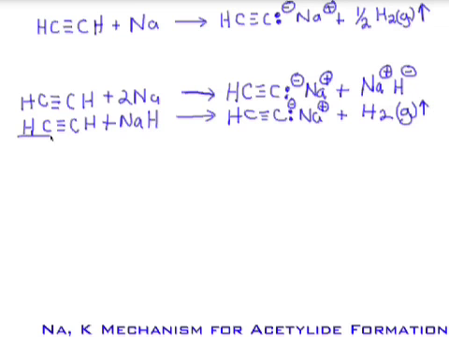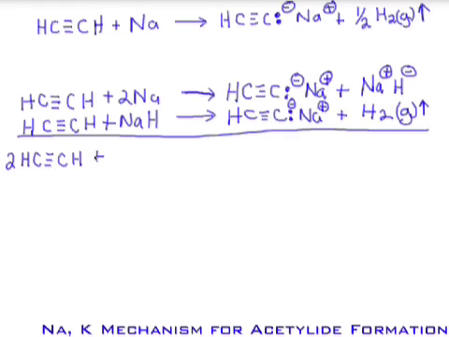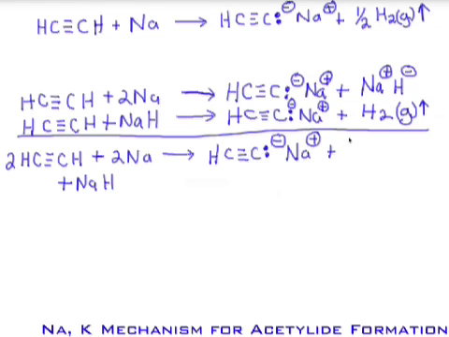So I can add these 2 equations up. I get 2 ethynes plus 2 sodiums plus sodium hydride give me 2 sodium acetylides. We'll get H2 gas, which of course bubbles out of solution, and plus sodium hydride.